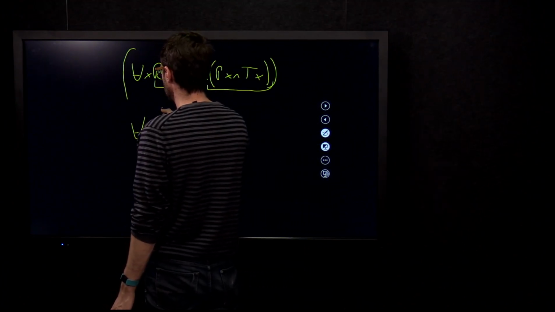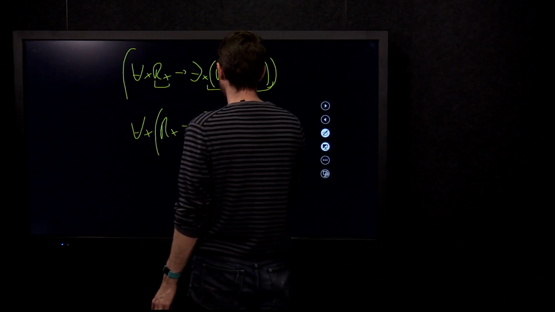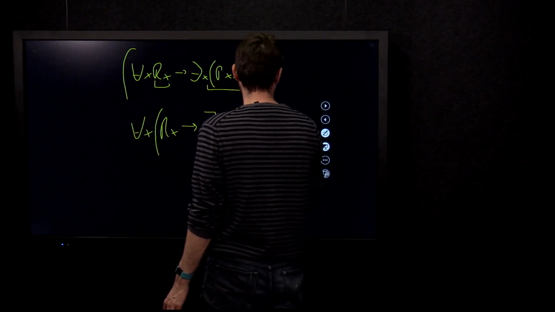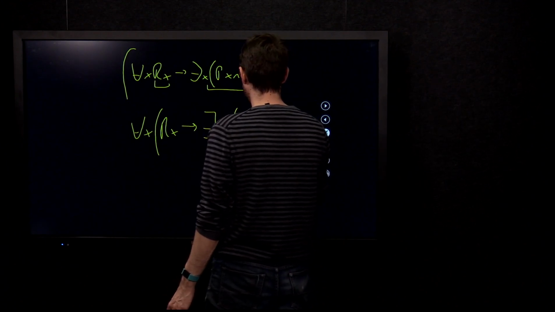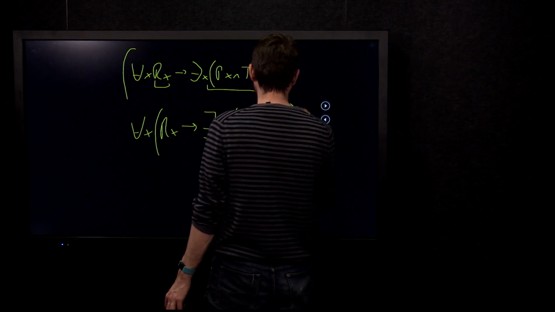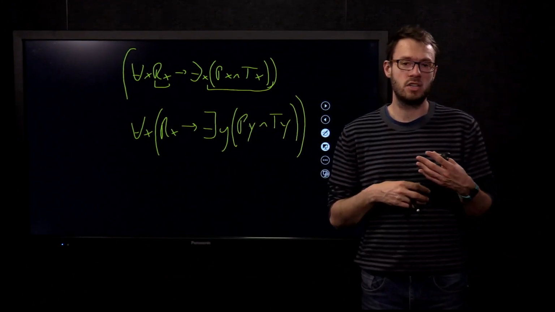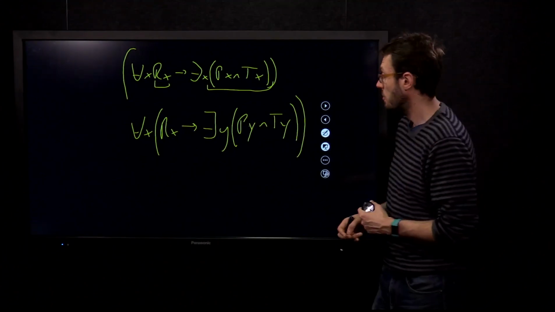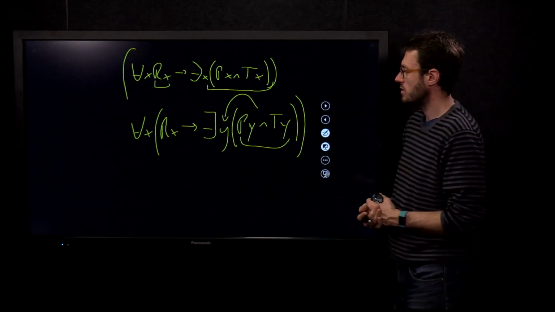Okay, let's look at a slightly different case. Have a look at this one. In this case, we've got a slightly different situation with respect to scope. The Py and the Ty here are all within the scope of this existential quantifier.